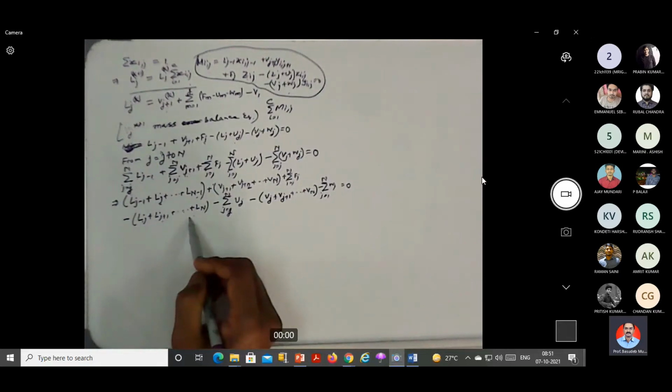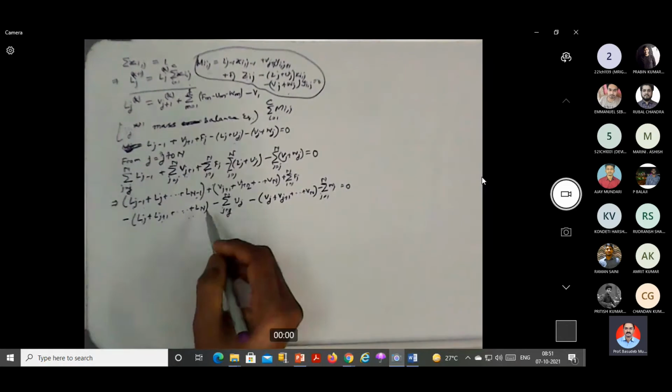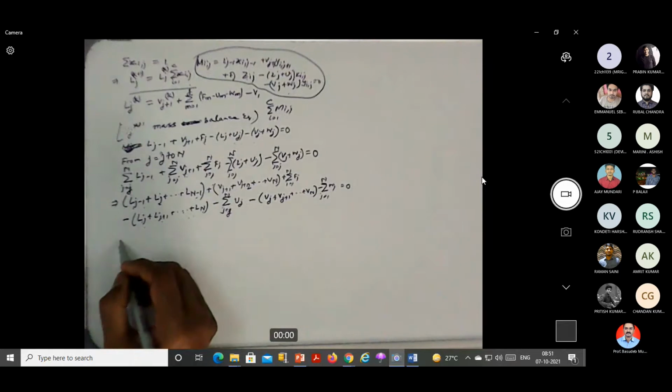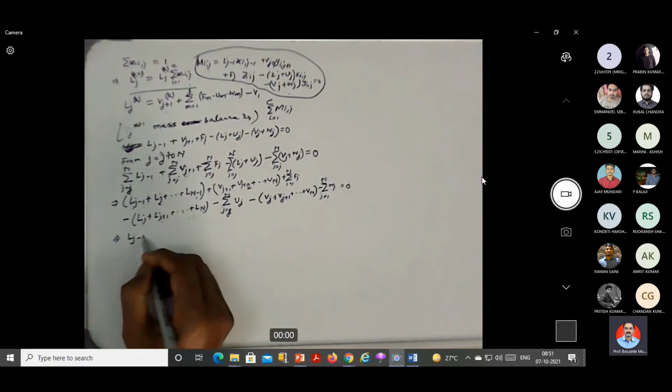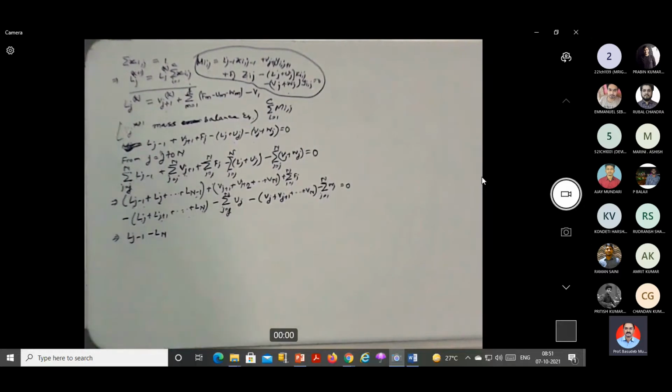Here Lj minus 1 remains. Similarly, Ln also remains. So from these two sums, net we have Lj minus 1 minus Ln, right? Lj minus 1 minus Ln.